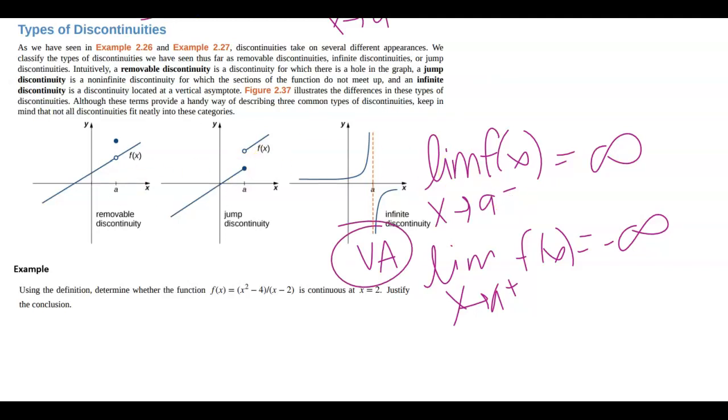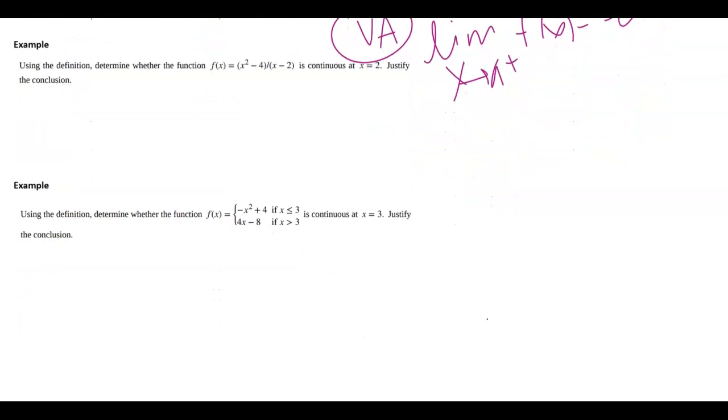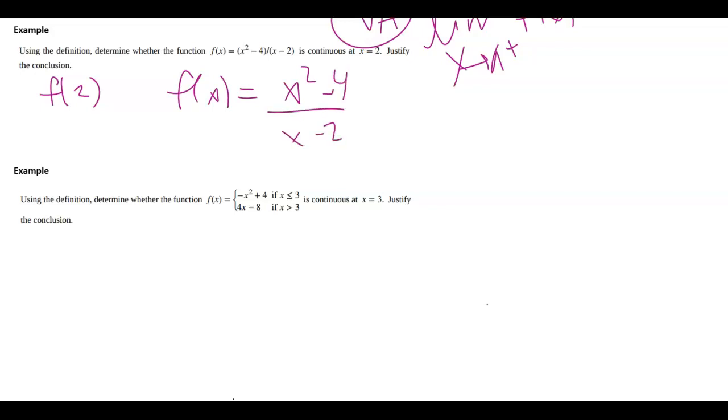All right, let's look at this example right here. Using the definition, determine whether the function is continuous at x equals 2. Justify your conclusion. Remember, the first thing I need to find is f of 2. Is it defined or not? If I plug in 2 in the bottom, I notice I have an issue, but I also notice the top factors.